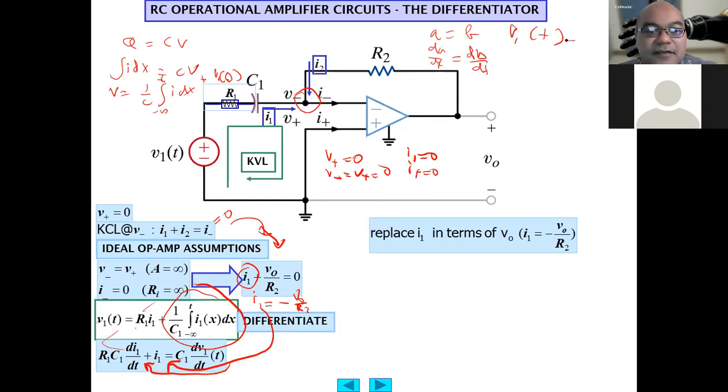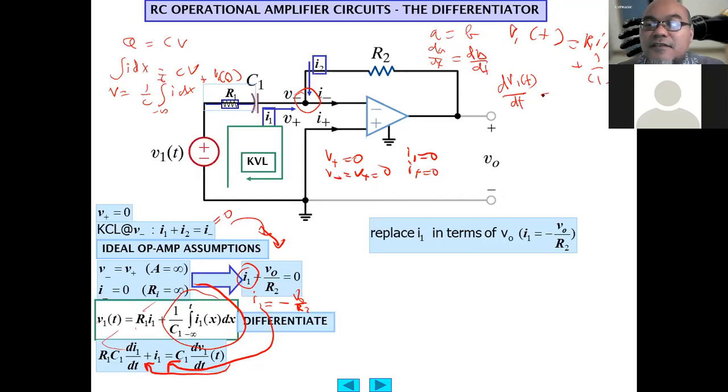V1(t) equal to R1 I1 plus 1 over C1 integral of I1(x) dx. Then the first part becomes dV1(t)/dt, right?